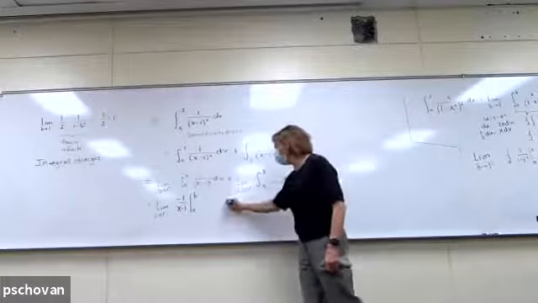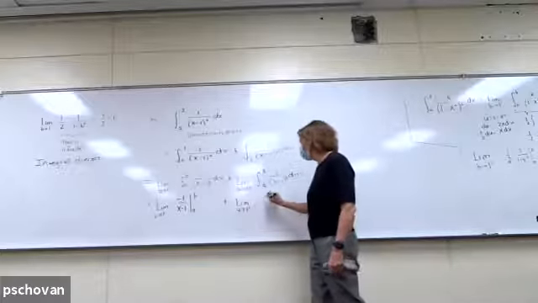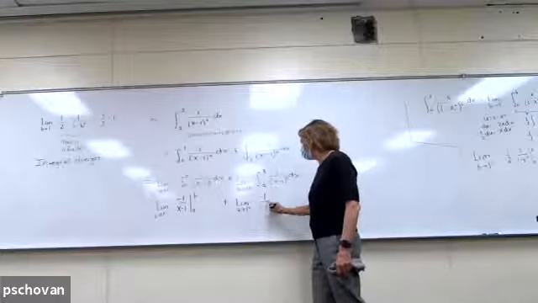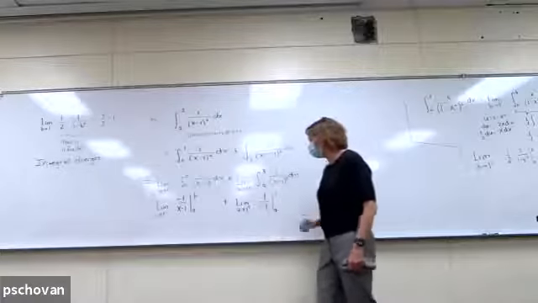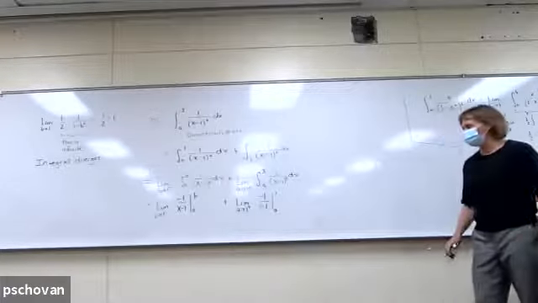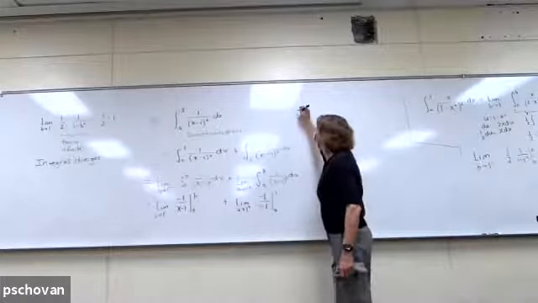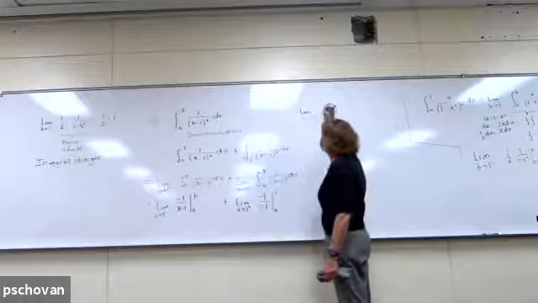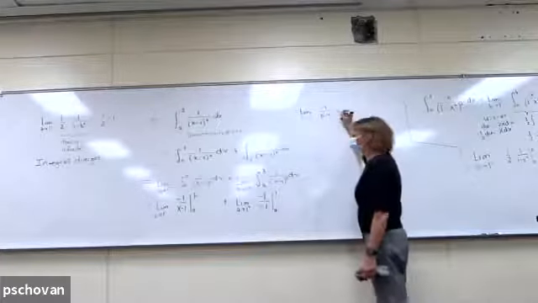Same deal here. But in either case, if b is going to 1, I'm going to get a 0 in the denominator.